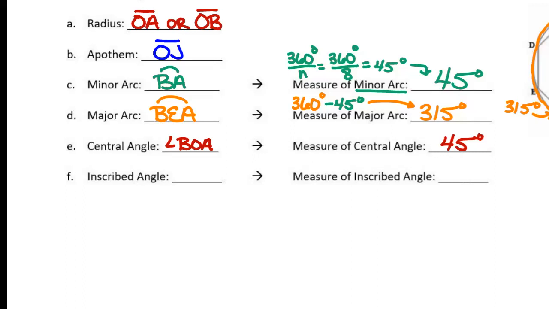Last thing that we're going to identify on here is an inscribed angle. Where does the vertex have to be for an inscribed angle? Central angle, vertex is at the center. Where is the vertex for an inscribed angle?